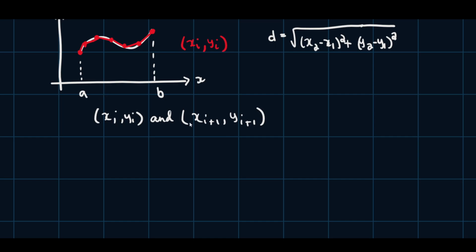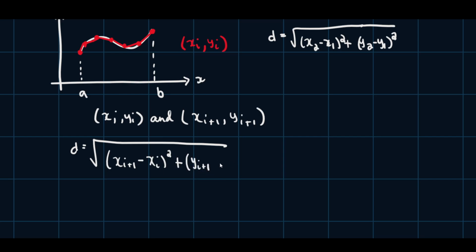Okay, if we get the distance between these 2 points by the distance formula, ang makukuha natin is the square root of (x sub i plus 1 minus x sub i) squared plus (y sub i plus 1 minus y sub i) squared. Now, these two values actually describe the change in x and the change in y respectively. So, pwede natin itong i-rewrite as the square root of delta x squared plus delta y squared.